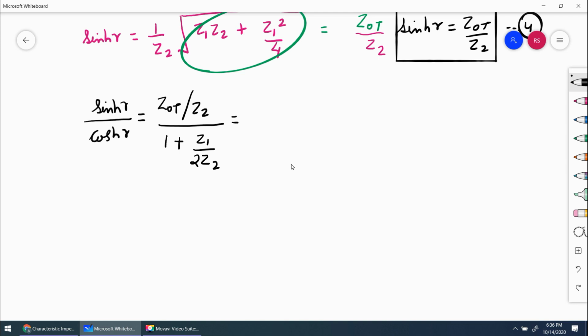Okay, this is equal to ZOT by Z2 into 2Z2 whole divided by 2Z2 plus Z1.